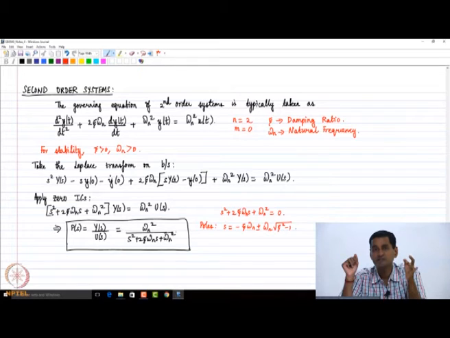Depending on the value of zeta, the location of the poles changes, and consequently the system behavior changes a lot. That is something we are going to do in the next class. We look at underdamped, critically damped and overdamped systems, depending on whether zeta is less than 1, exactly equal to 1 or greater than 1 respectively.